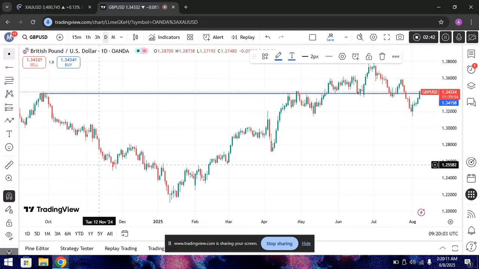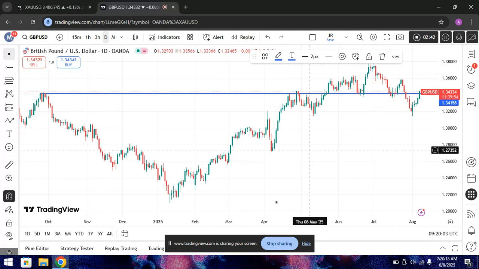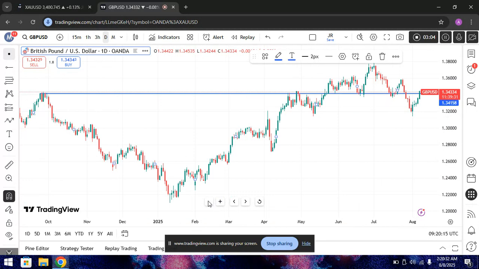Now, let me zoom this chart in. Let's look at the previous structural high. Okay, and here was our other previous structural high.